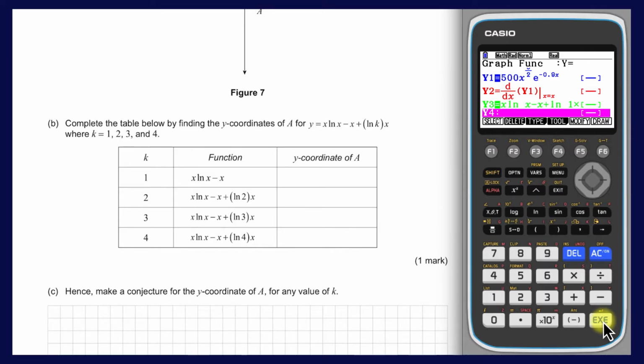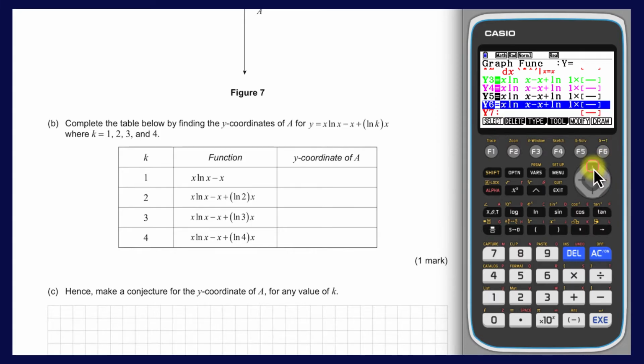So I'm going to arrow up for a moment, then press Shift and 8 for clip, copy the line, move down and Shift and 9 for paste, enter that, Shift and 9, enter that, and Shift and 9 once more. And I now have 4 copies of my function without having to retype any of them.